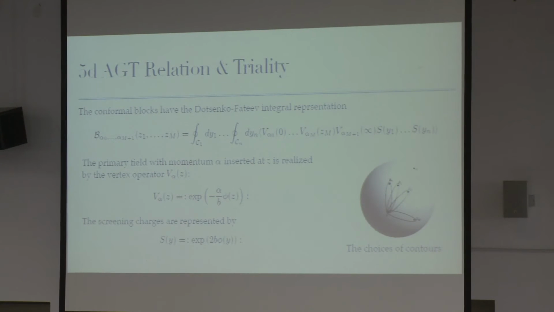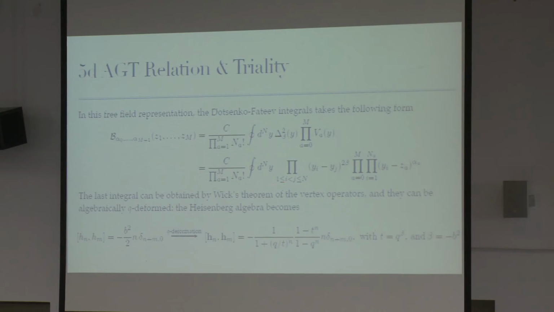So if you just plug them into this integral, you will end up with a matrix integral. And you can write it down by Wick's theorem, by Wick contraction between the vertex operators. If you just compute this integral, this is going to give you the Liouville conformal blocks. And then that's related to the 4D instanton partition function.